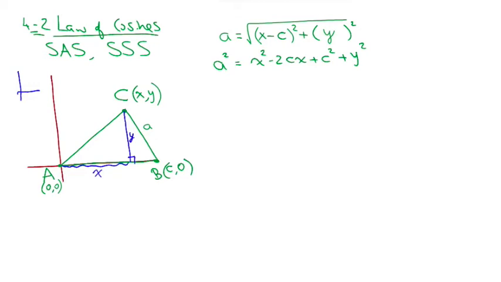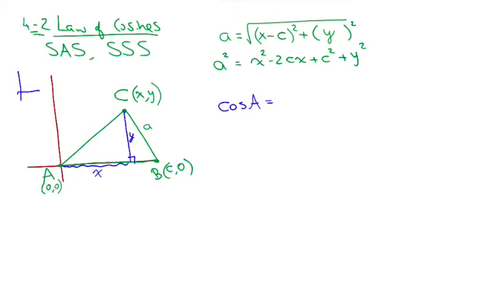All right, so the next thing I want to set up is looking at just vertex A, what's the cosine of A equal to? Now remember, cosine only works on right triangles.